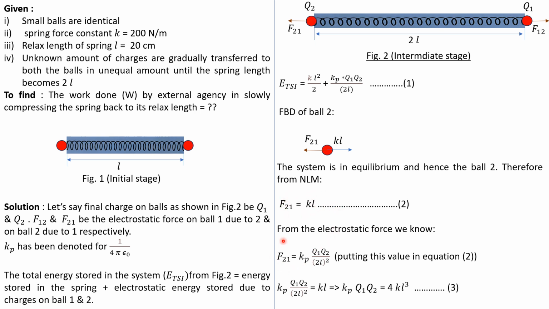But from electrostatics, we know that F21 will be K subscript P Q1 into Q2 divided by (2L) whole square, where 2L is the gap between these two charges. Putting this value in equation 2, we get finally K subscript P into Q1 Q2 is equal to 4KL cube, and we will say this is equation number 3.